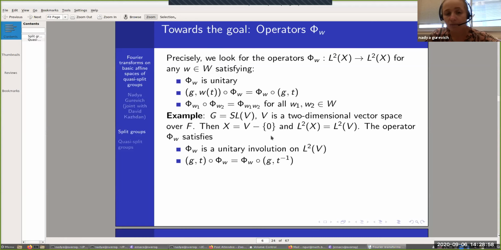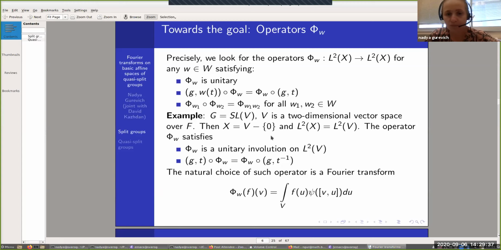And second, it must commute with the action of SL2, and, as I said, anti-commute with the action of T, and T, which is isomorphic to the multiplicative group, acts just by dilation. Okay, so when you look at these three properties which must be satisfied, unitary plus involution plus equivariance, you quickly come up with the natural candidate. And it will be just the Fourier transform.